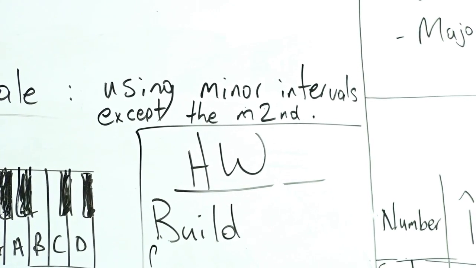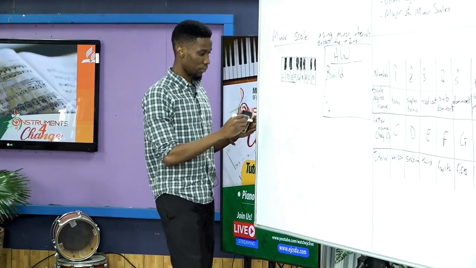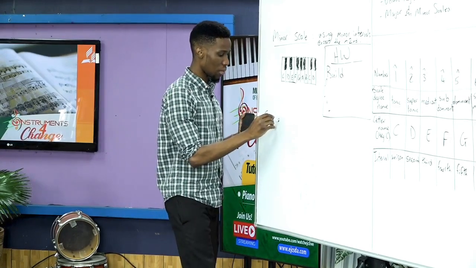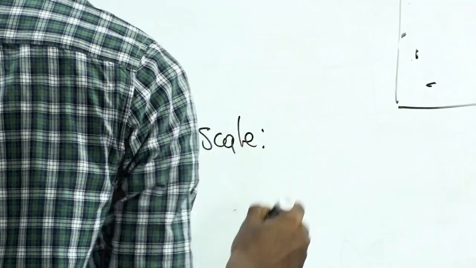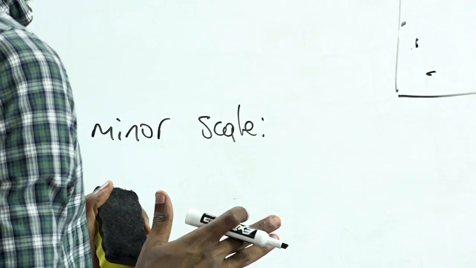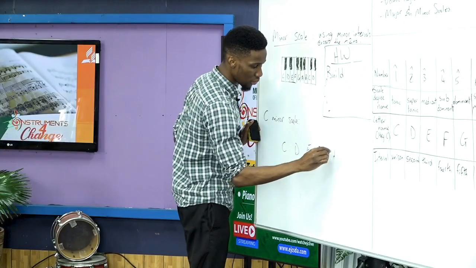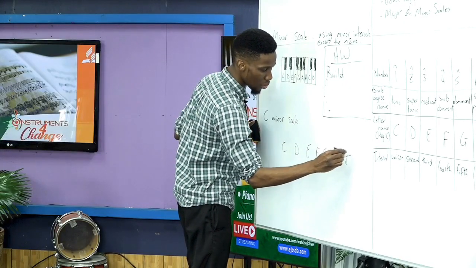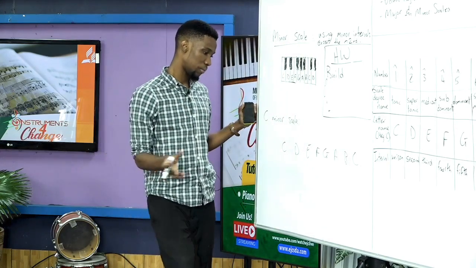So let's build it now. C minor scale. Take your time and build it with me properly, all right? So let's write out the C, D, E, F, G again. And then we're going to flatten and sharpen as we go along, if needs be.